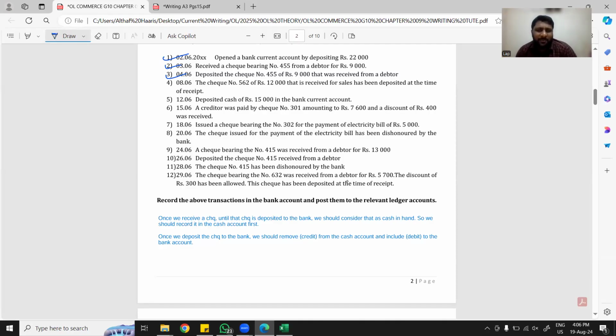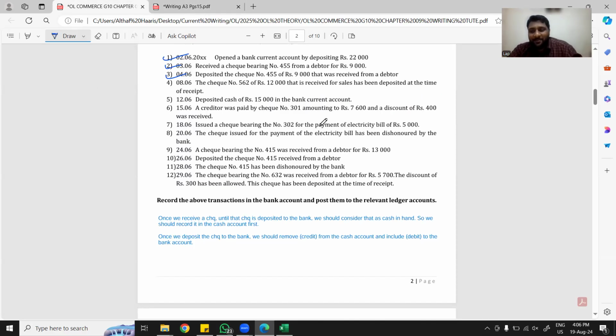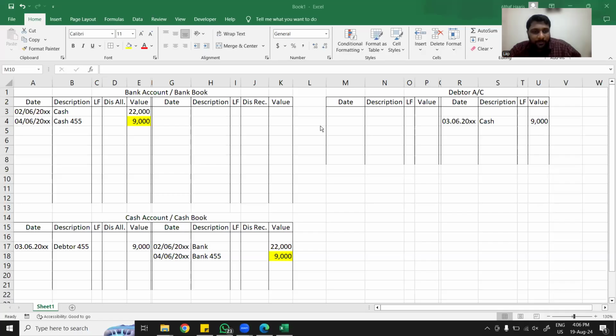Did I keep it inside my locker? No. Where did I take it directly? Directly I went and deposited to the bank. So that one you can directly put to the bank, because I didn't keep it inside my locker. If I keep it inside my locker only, you have to consider it as cash in hand. Now I directly went and deposited to the bank, people.